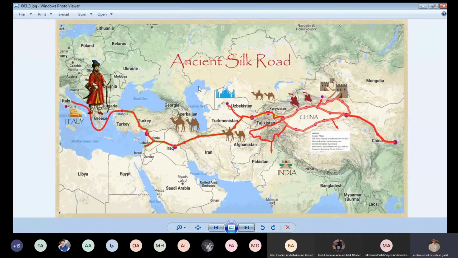Why? Because all of the benefits from this Silk Road will go directly to the Italian nation, will go directly to the Italian king at that time, to the Italian treasury. So Italy was the richest and the most powerful nation at that time.